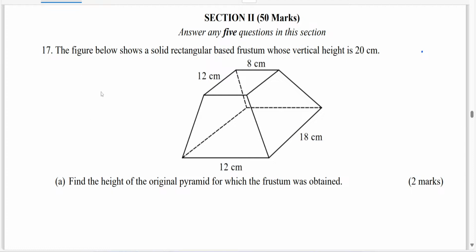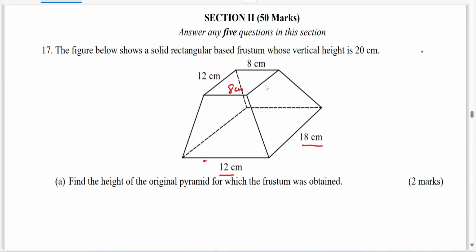The question says, the figure below shows a solid rectangular base frustum whose vertical height is 20 centimeter. As you see, there's an upper base and a lower base. Your lower base is 12 centimeter by 18 centimeter. Your upper base has length 8 centimeter.